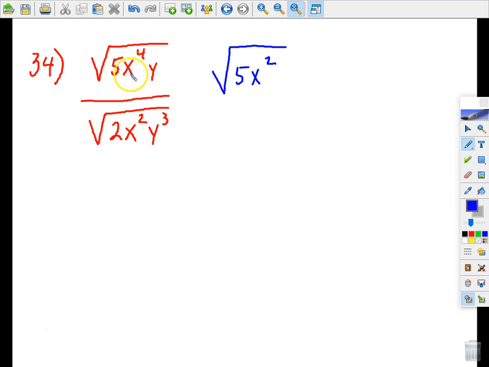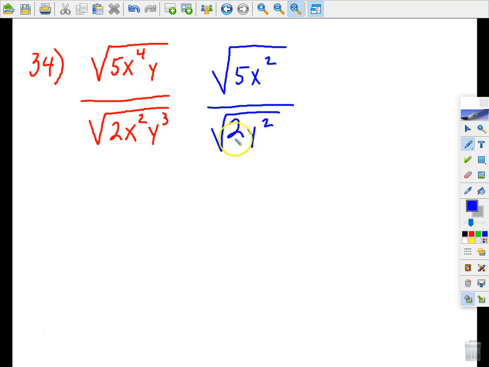Notice how you could do x to the 4 minus 2 power over the square root of 2y squared. You see how we canceled? Basically, you can think of dividing both of these by y, or you could use your rule of exponents: 1 minus 3 is negative 2, which puts it as positive 2 in the denominator.